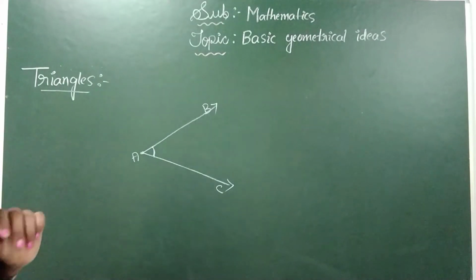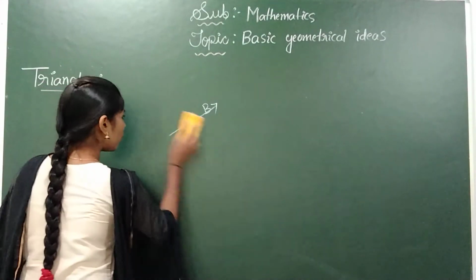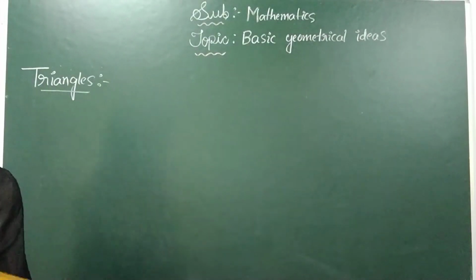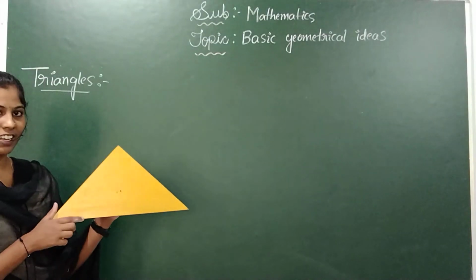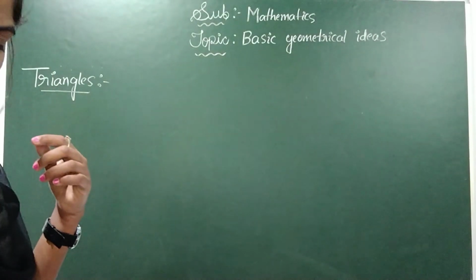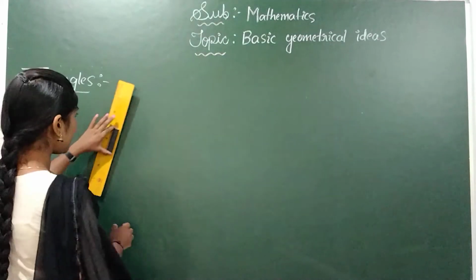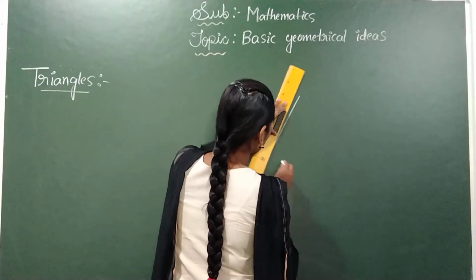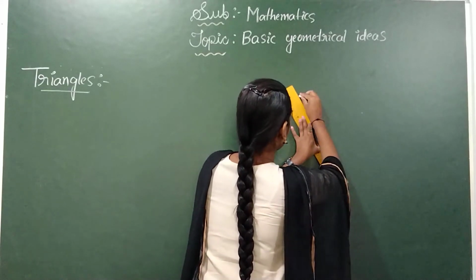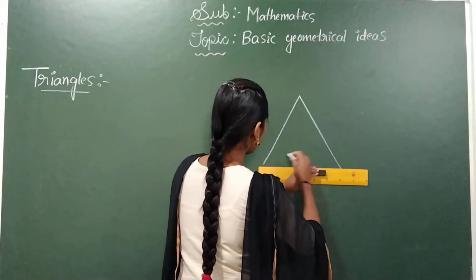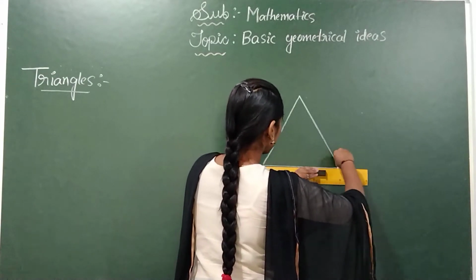Here you can learn the angles of the triangle also. First, what you have to do is draw a triangle. So this is a triangle, right? You can draw it with the ruler, which helps us to draw a line segment. It is made by line segments, right?